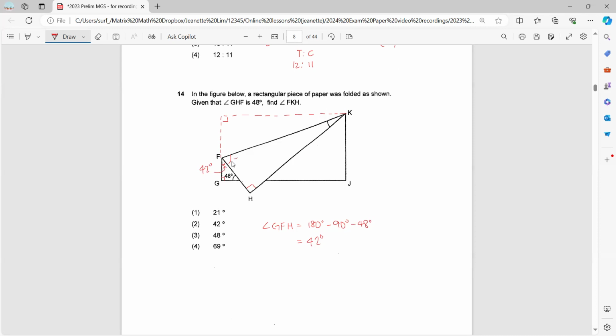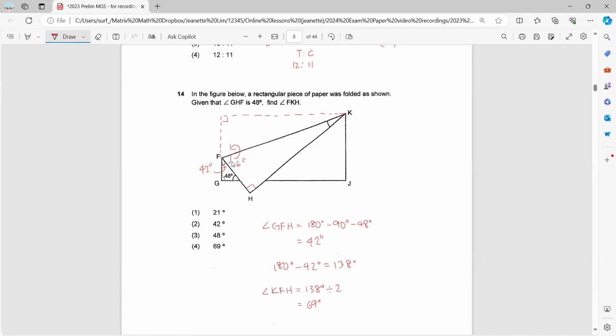Okay, 42 degrees is over here. Now this one is the same as this one. So we take 180 minus 42, which is 138. Then we divide it by 2. That will give us KFH, 69 degrees.